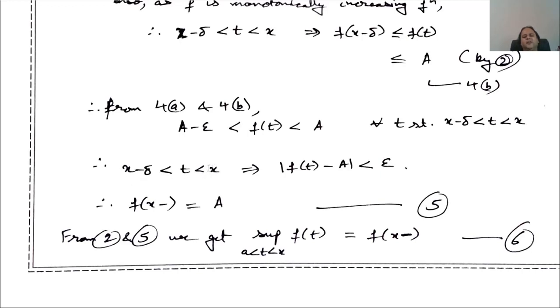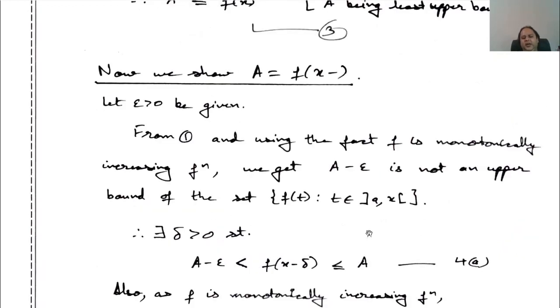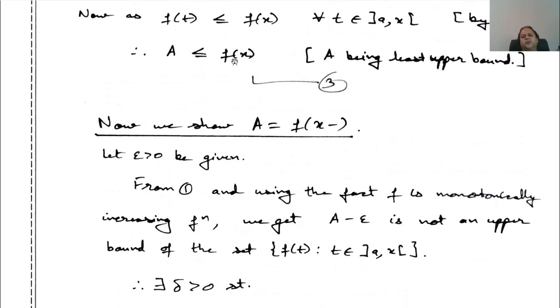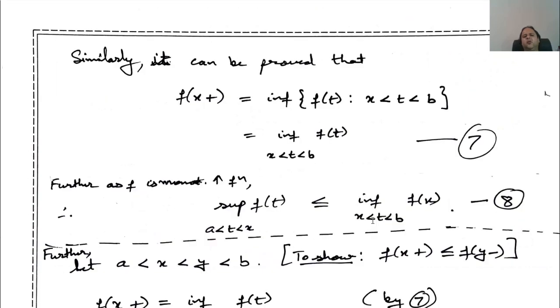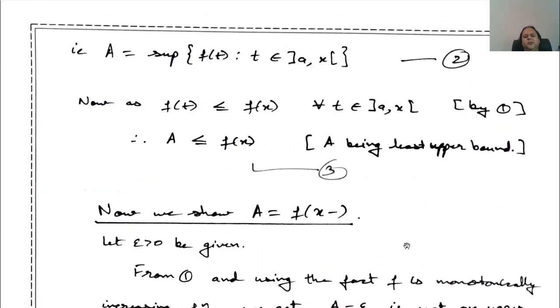We are trying to approach x from the left-hand side through t. So the left-hand limit of f is A. That's how we get that the supremum is equal to A, which is equal to this one from both previous conditions. In the earlier step we had proved that the supremum is less than or equal to f(x), and that's what we have got: the supremum is equal to the left-hand limit. So finally that is what is concluded here.